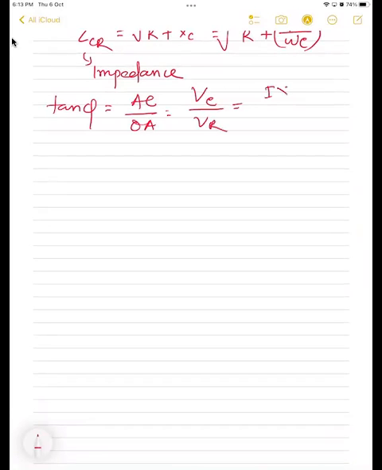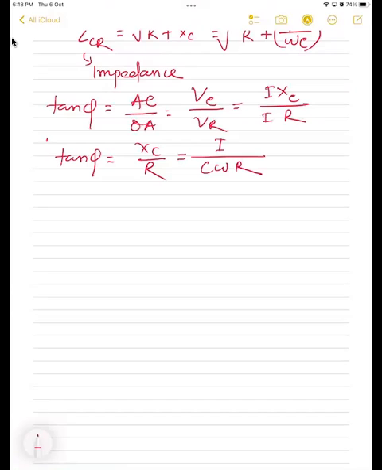VC is nothing but I XC and VR is nothing but I R. So I cancels, and tan phi is equal to XC by R. That is 1 by omega C divided by R, which comes to 1 by omega C R. Are you getting?